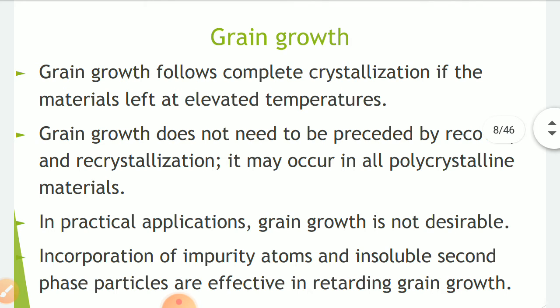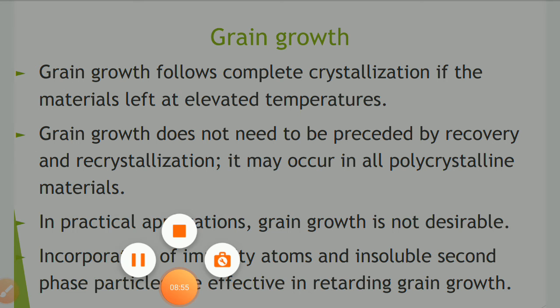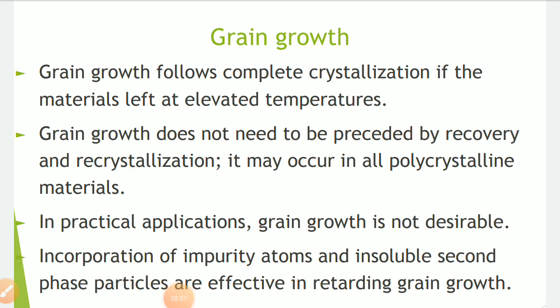Now let's come to the point, that's grain growth. So I think we can continue and discuss grain growth, then we will conclude this one, and we will continue in the next lecture. So grain growth is simply increasing the size of the grains. So how does it take place?